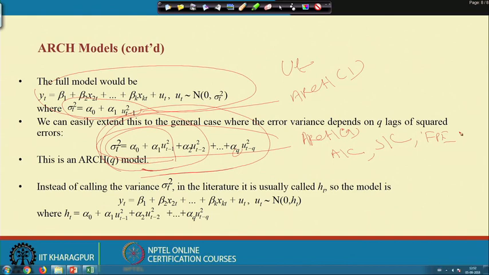Now, instead of calling the variance sigma square, in the literature it is usually called h t. So, technically h t is the sigma square error variance, which is actually connected with these terms.